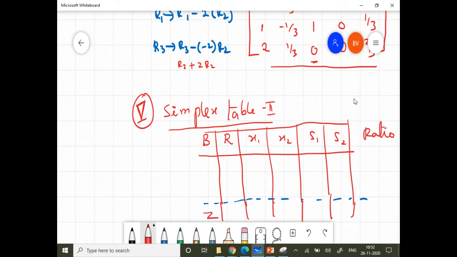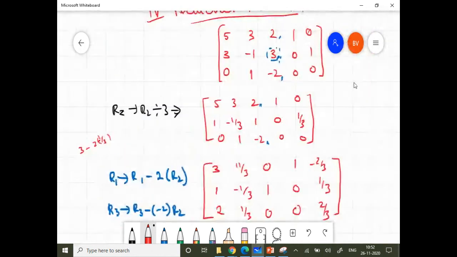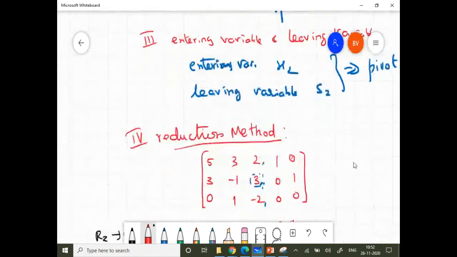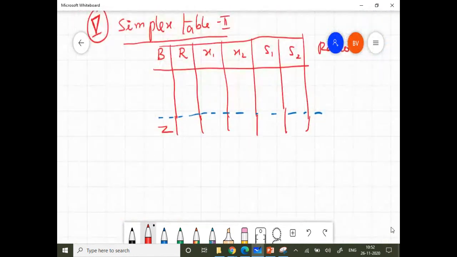This is for Z, but first go back to the original table and decide the basic variables. Basic variable S1 has no problem, S1 will remain, but S2 will be kicked out and X2 will join here. So S1 and X2.